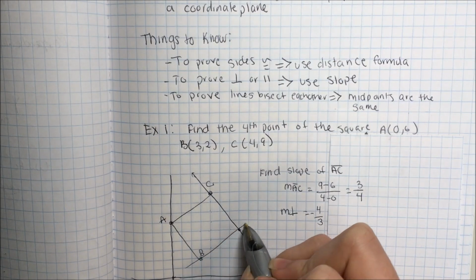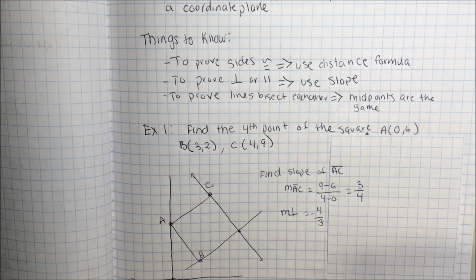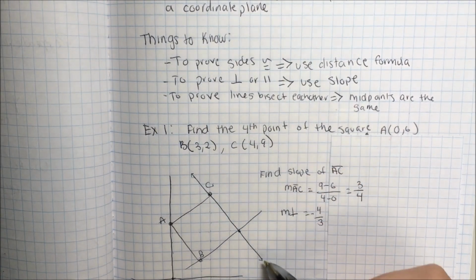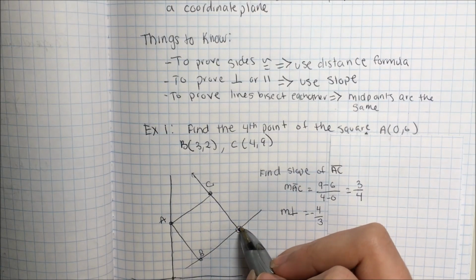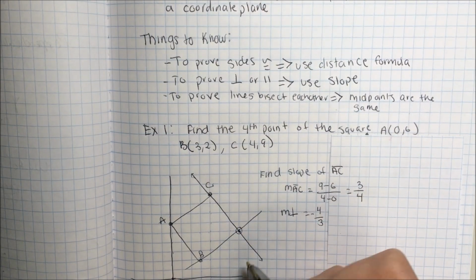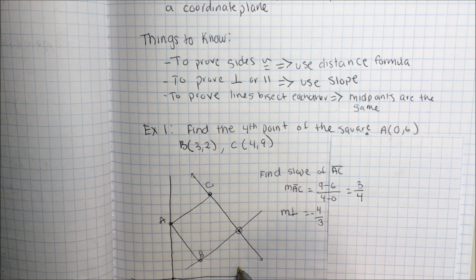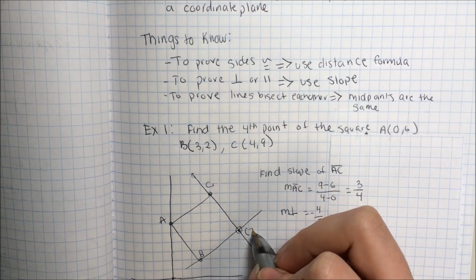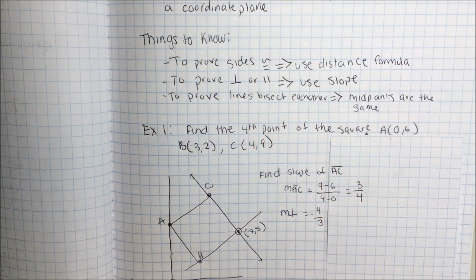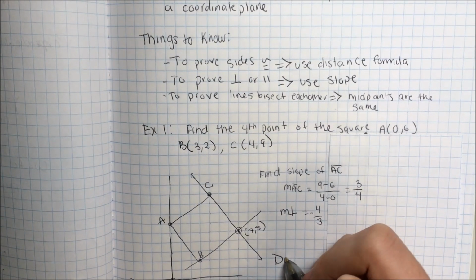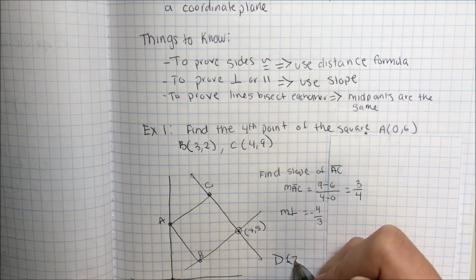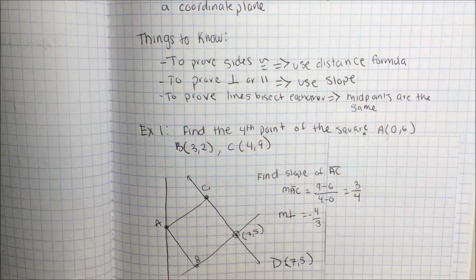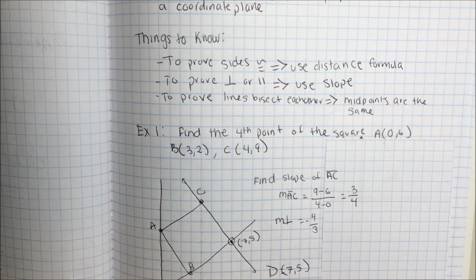And we're drawing our parallel line. And where our parallel line and our perpendicular line intersect, this is going to be our point, which is point D, and that's at 7.75. So our fourth point is 7.5.